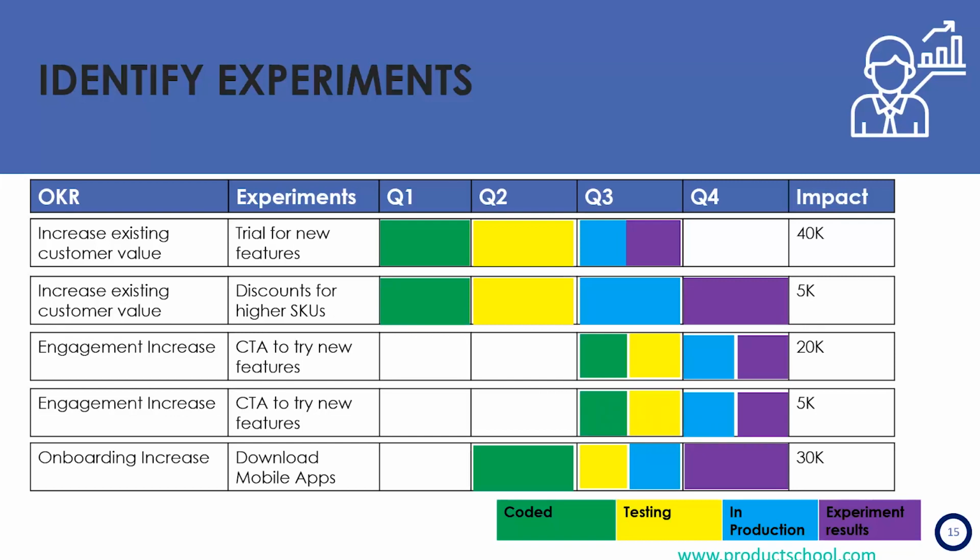You have partner PM teams, you have marketing, you have go-to-market teams, you have testing, you have engineering, etc. Once you know for sure that all of your key stakeholders are aligned, then you can start on any of these. You can start the coding, testing, production, experiment, results, etc. So this phase is really important for your execution journey.